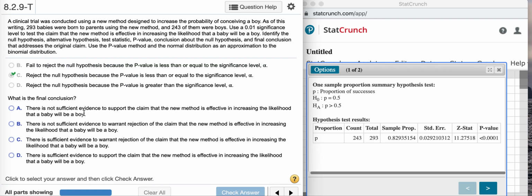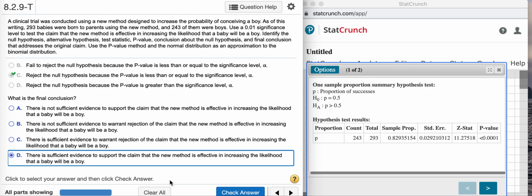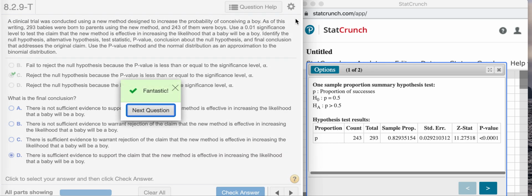And then verbally, our conclusion would be that there is sufficient evidence to warrant the rejection. There is sufficient evidence to support the claim that the new method is effective in increasing the likelihood that a baby boy will be born. So I hope that helps.